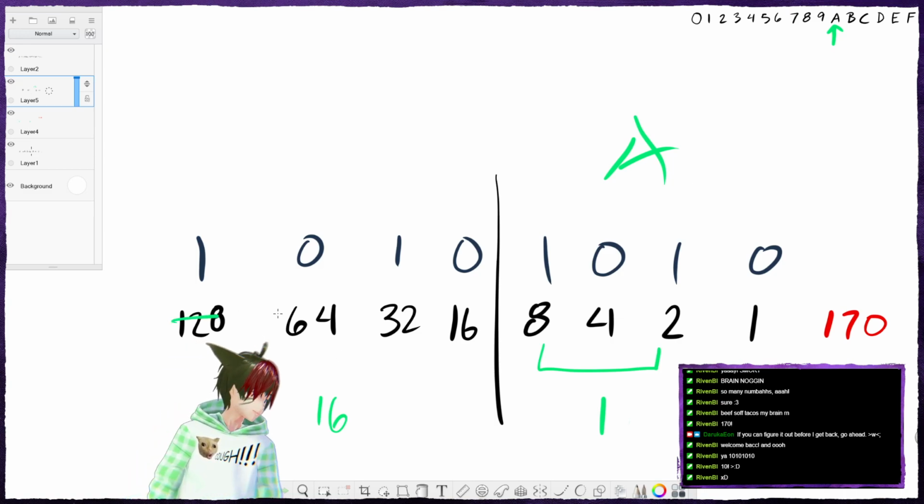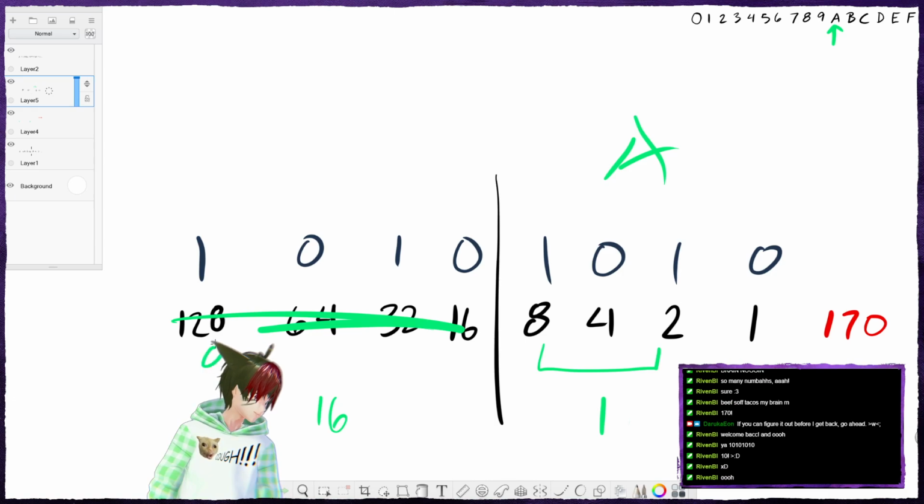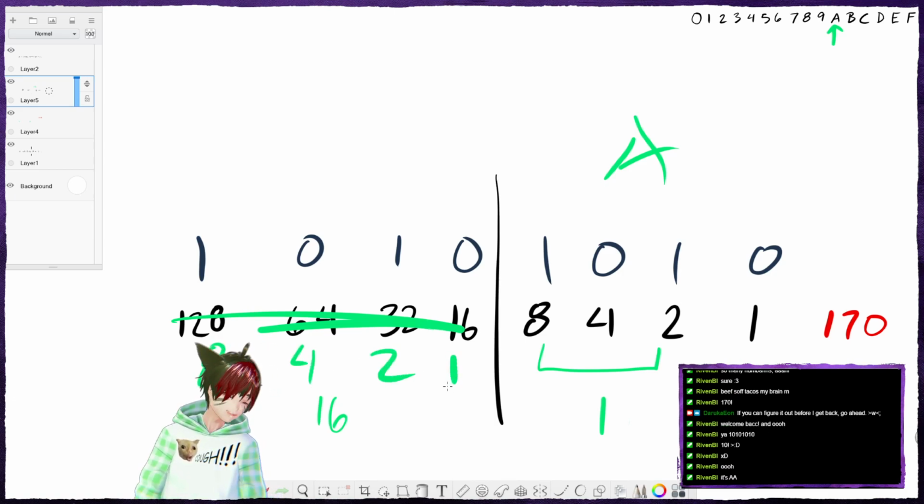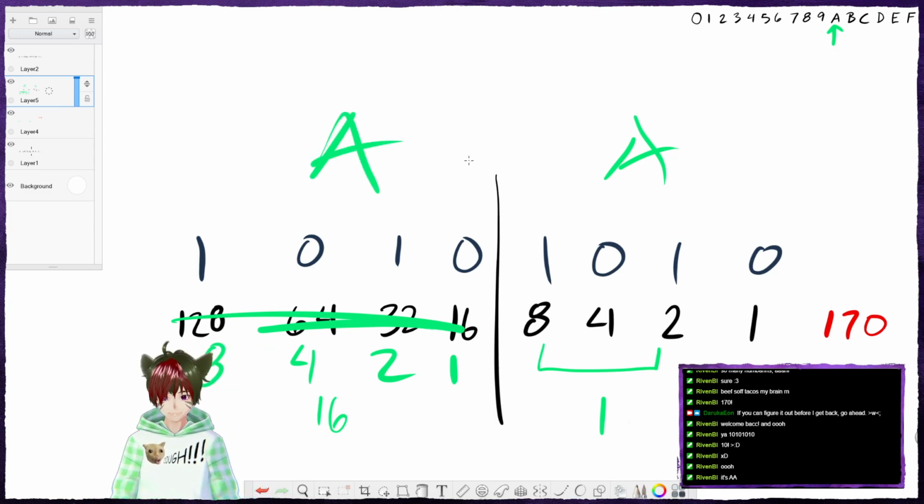So, now what is it? Hexadecimal, yay! So the reason why this is important.